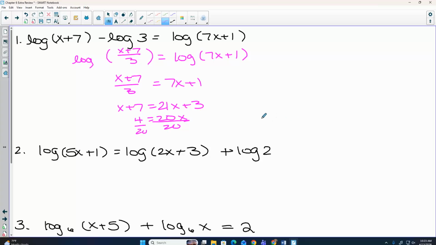Divide by 20, and we get 1/5. Or 1/6. I thought you couldn't do that since it wasn't like 10. Yeah, I don't even think you could do that. You're thinking like adding and subtracting. All right, and then when we check it, the argument has to be positive, which it is, so that answer works.